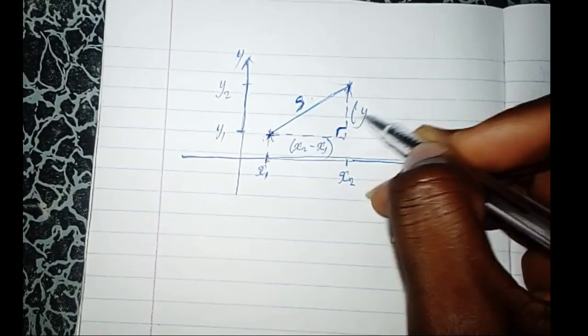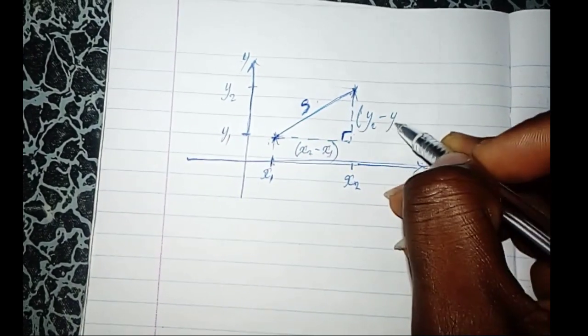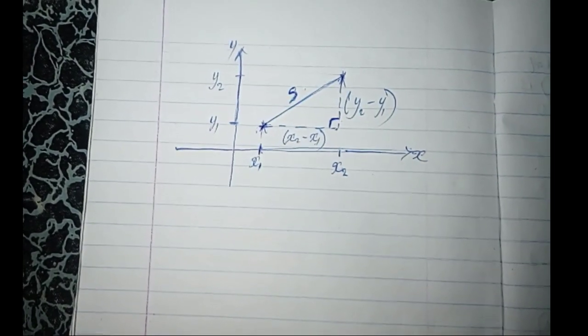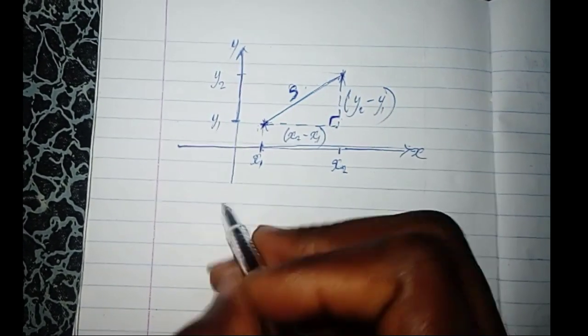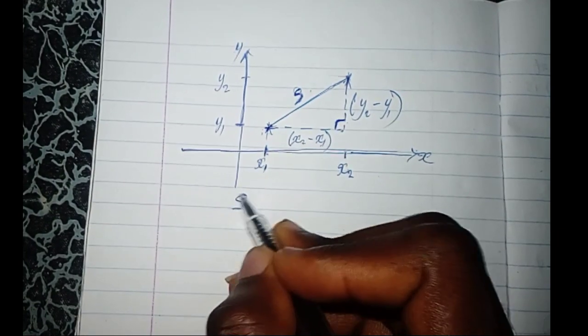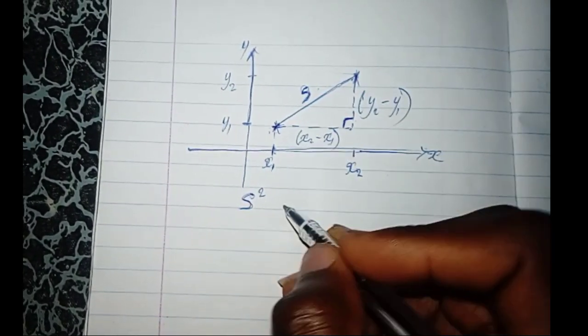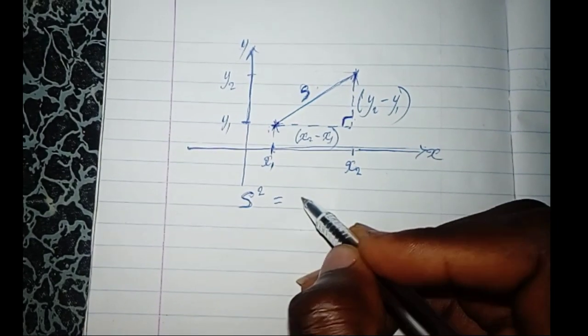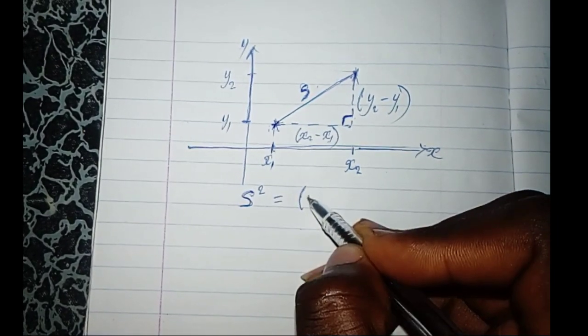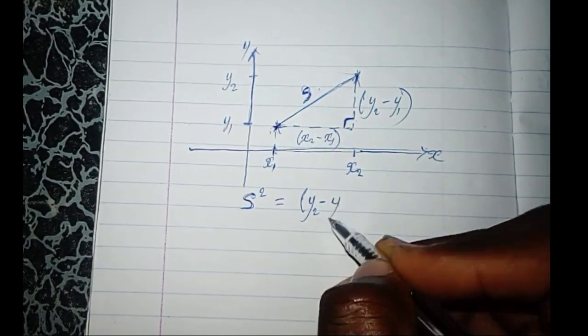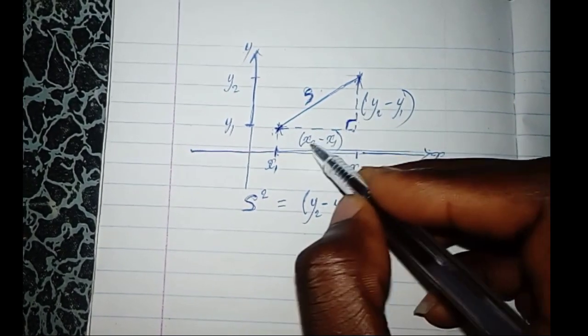With these parameters, we can solve for the distance between the points. As Pythagoras said, the square of the hypotenuse is equal to the sum of the squares of the adjacent sides, which are these two sides. So the square of this plus the square of this.